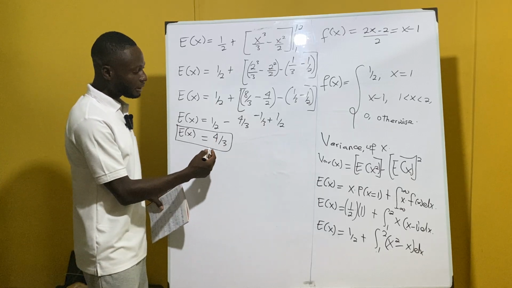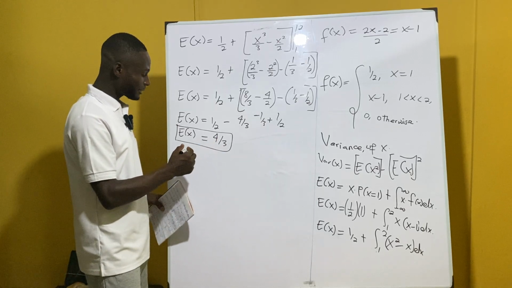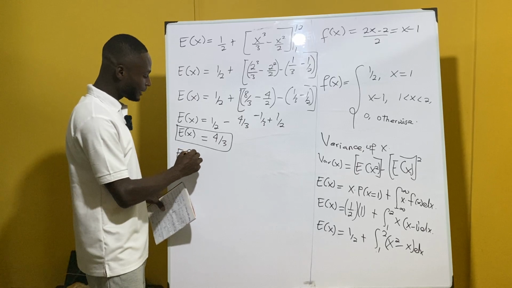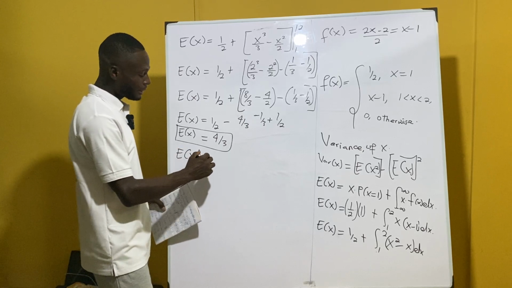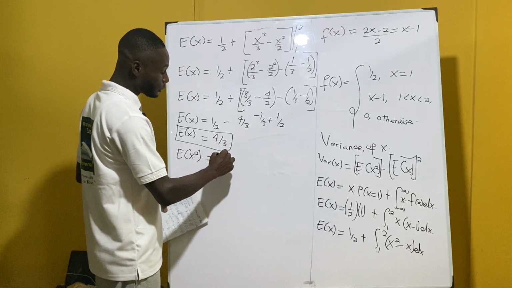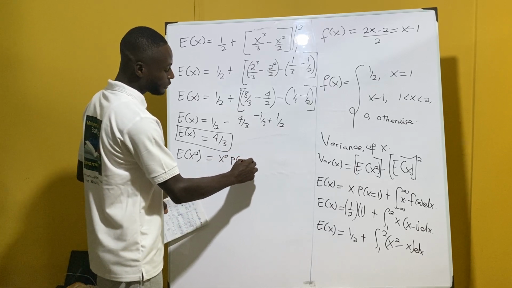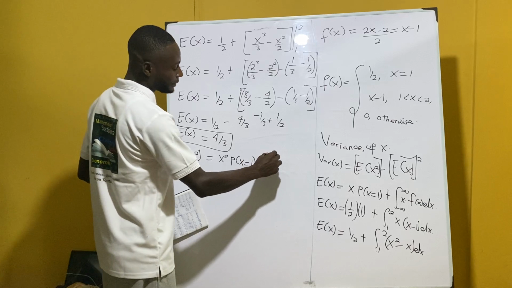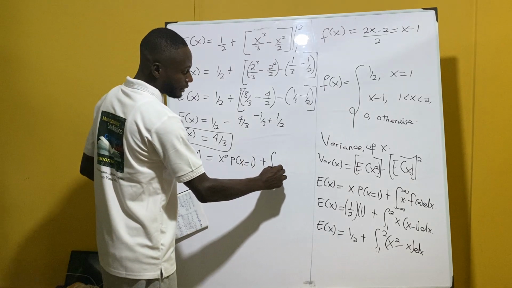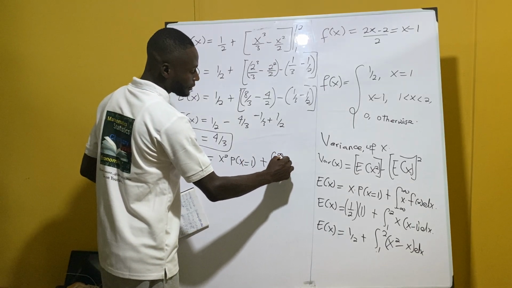Since we have been able to find the expectation of x, we can go ahead and find the second moment, right? And that is also equal to x squared times the probability of x equals 1, plus the continuous case, right?